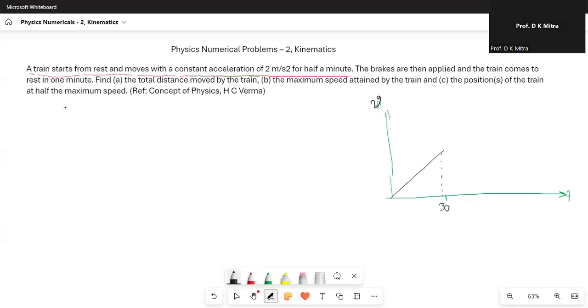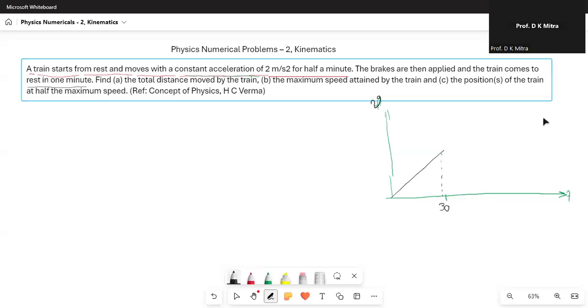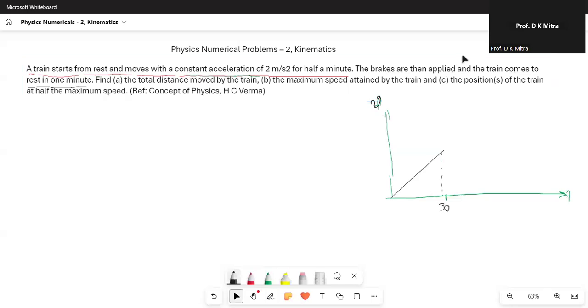And it applies the brakes then, and the train comes to rest in 1 minute. That means at this point it applies a brake, in another 1 minute. That means this is say 60 and say this is 90.